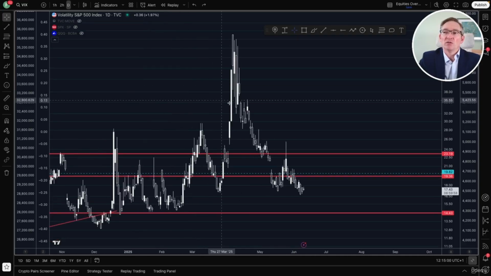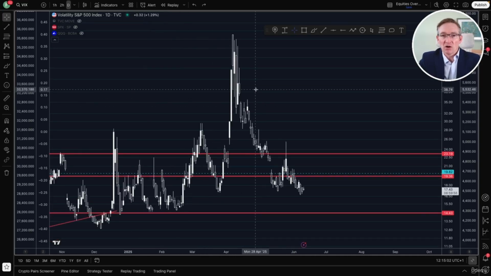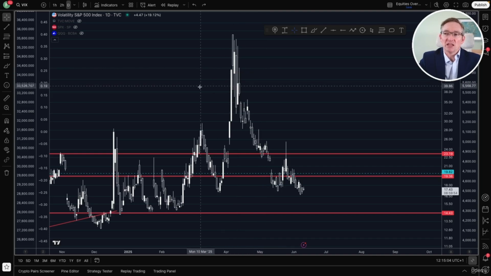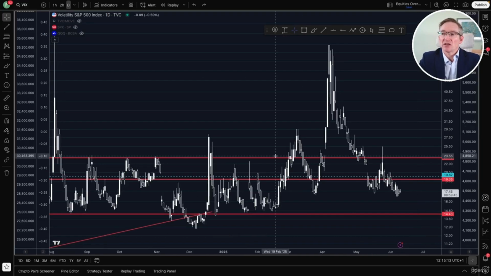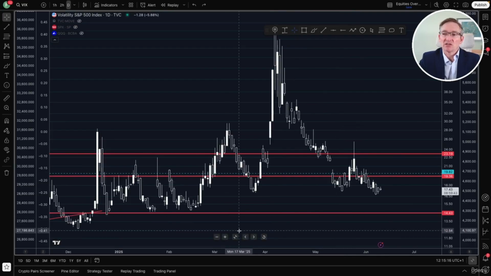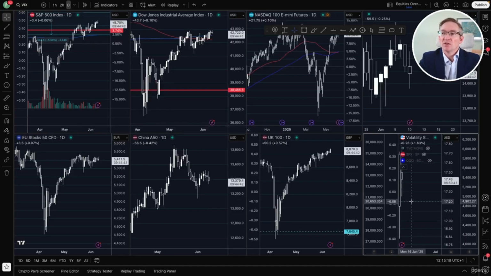It can also help you to know whether it's an appropriate time to be going long or to be going short. It gives you a quick way of understanding what global sentiment is without having to go through every single index. You can look at the VIX and that gives you a quick proxy as to the global sentiment for stocks on any particular day.